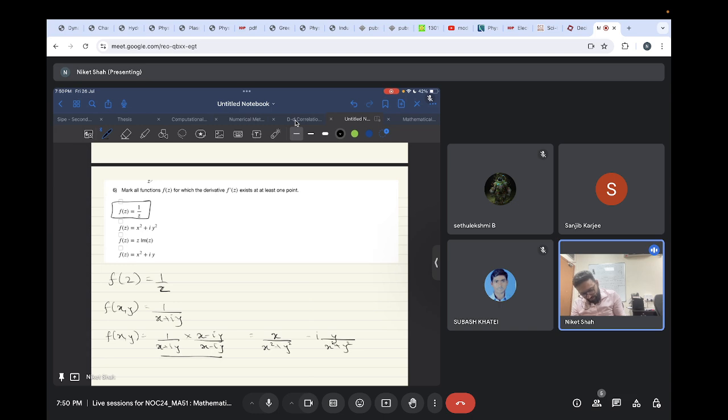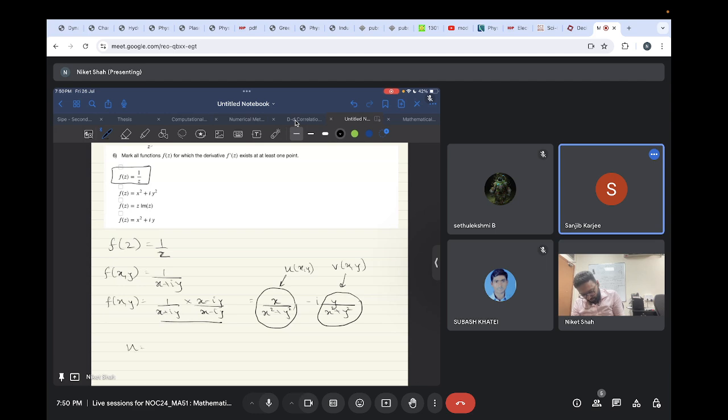That's my f of x comma y. And in there, this is my u of x comma y, and this, with the negative sign, is my v of x comma y.